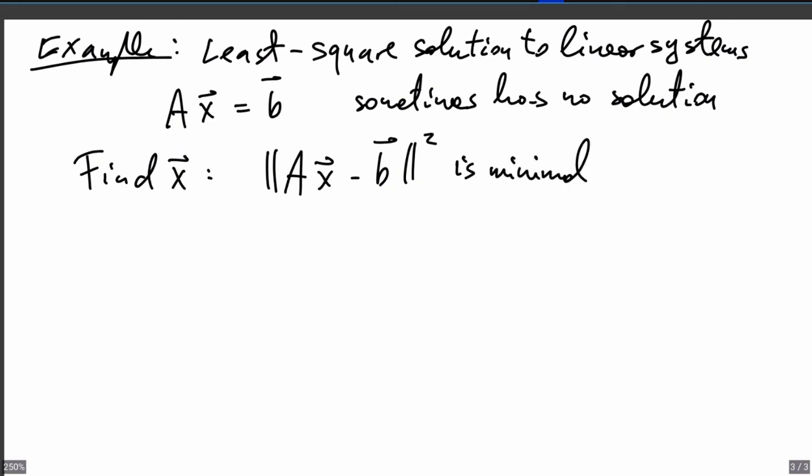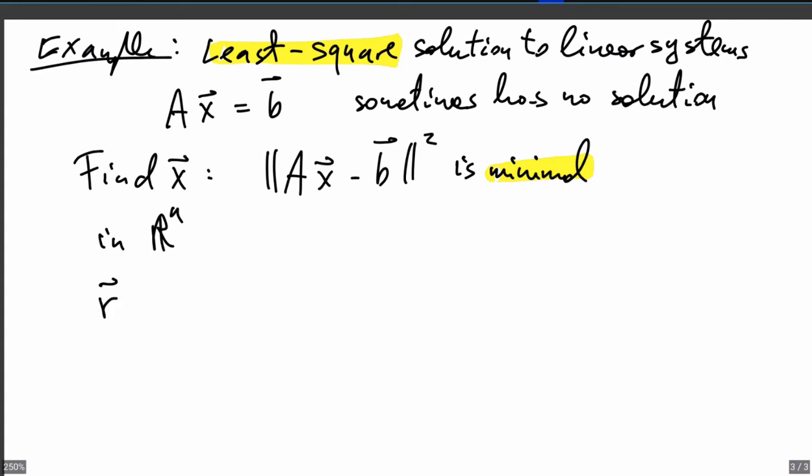So if this is in Rn, then the norm is calculated with the 2 norm. So this is the 2 norm, and the 2 norm, the Euclidean norm, is calculated using the sum of the squares. That's where the name least squares is coming from, that this norm is actually the square norm, 2 norm.